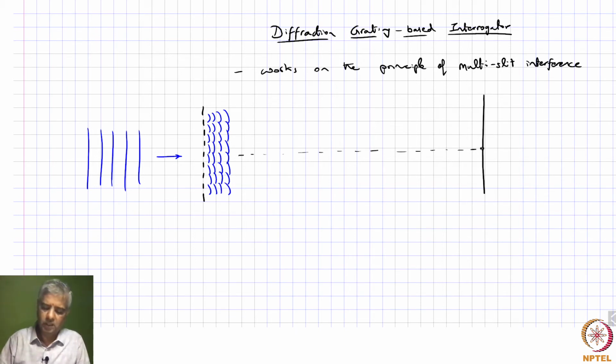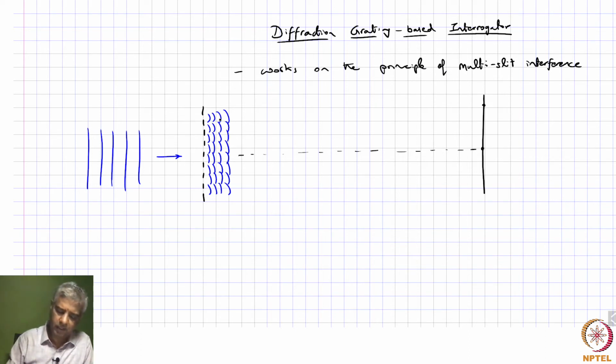So, you have a constructive interference at the optical axis, but if you go off the optical axis, they will also have a constructive interference at one of these positions.